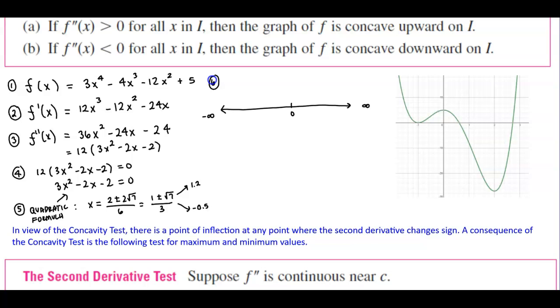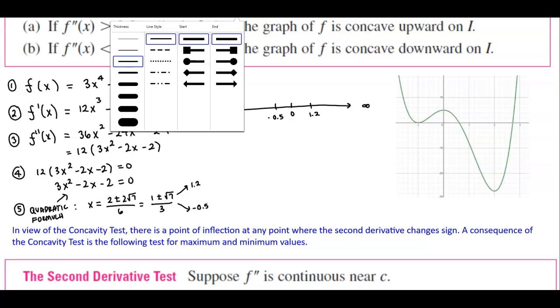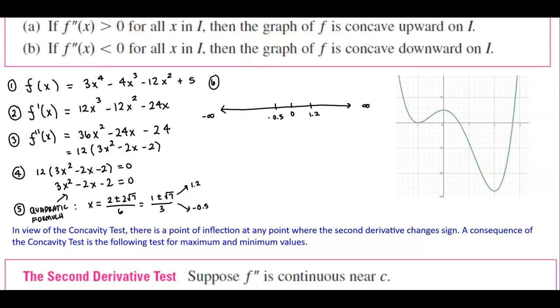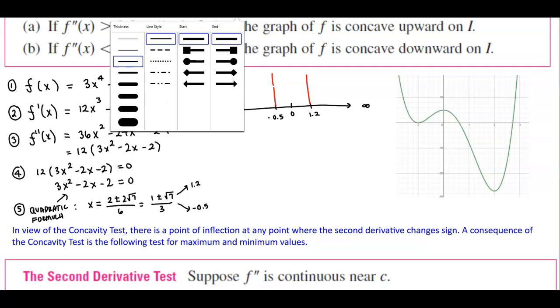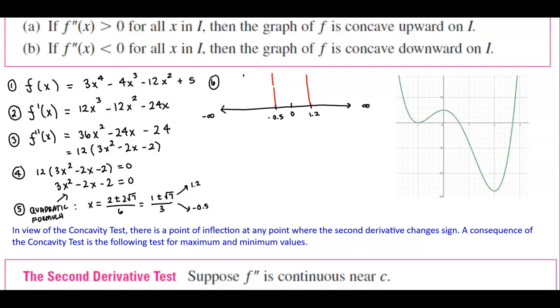We have 0, we have negative 0.5, and we have 1.2. And again, that's created our regions here. So we have 3 regions, and that's going to tell us whether it's concave up or concave down.